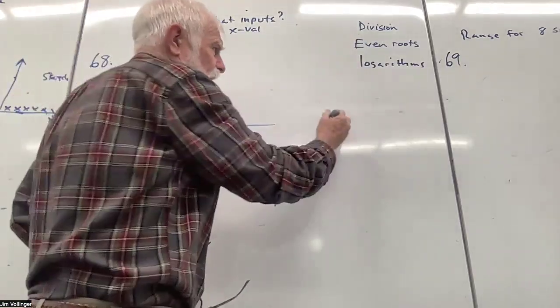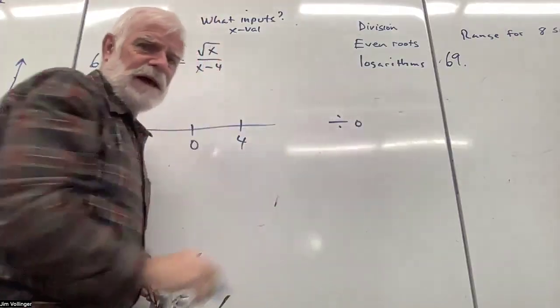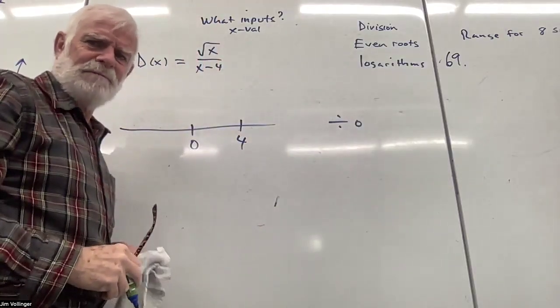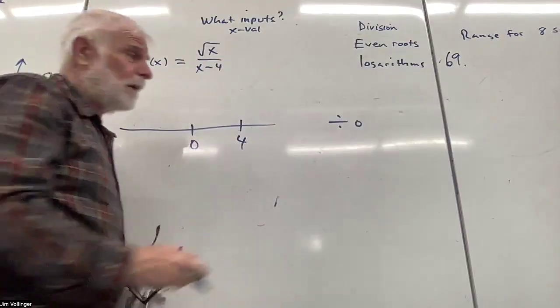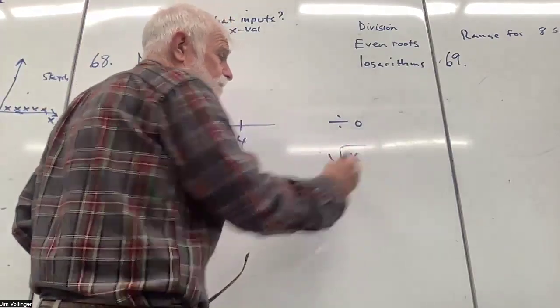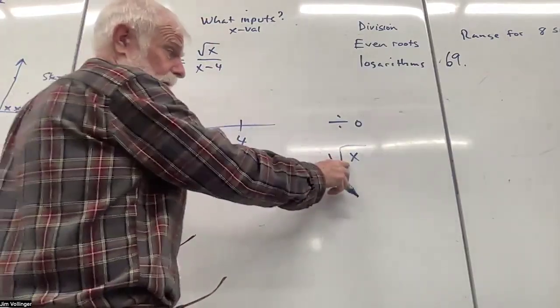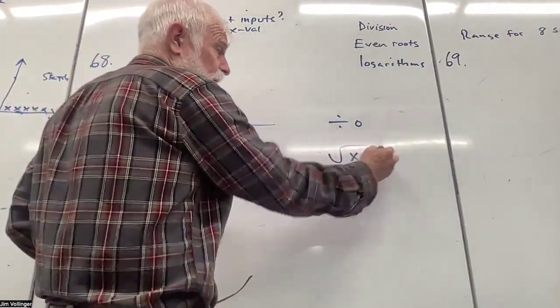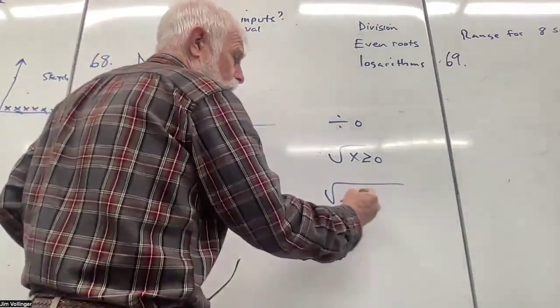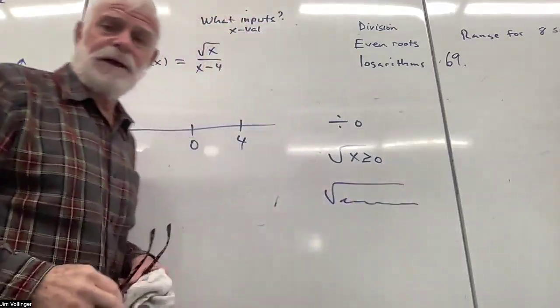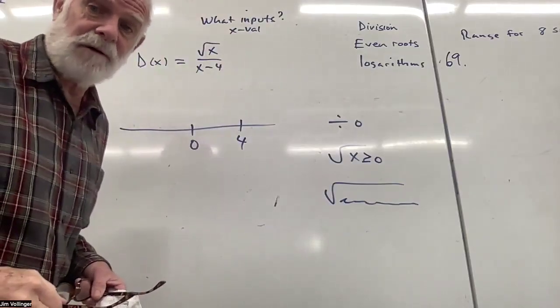What are some of the operations we got to watch out for? Division. I don't think it's permissible to do that. I don't think you can divide by 0 in math. Doesn't make much sense. Even roots. I think even roots, like a square root, is important to know. That has to be greater than or equal to 0. So whatever's in here, I got to be careful. I got to make sure it's greater than or equal to 0.